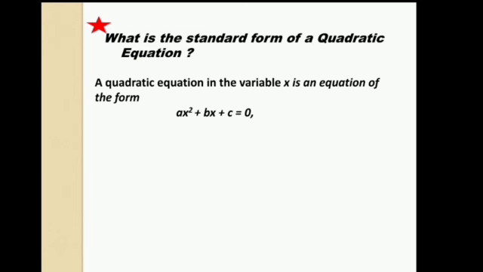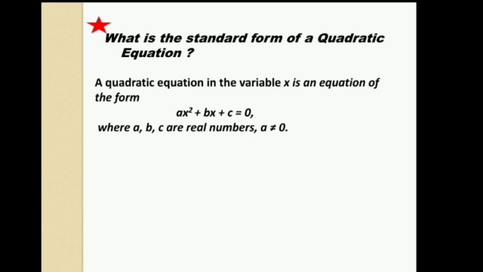A quadratic equation in variable x is an equation of the form ax square plus bx plus c equal to 0, where a, b and c are real numbers and a not equal to 0. If the value of a equals 0, then this equation will convert into a linear equation in one variable.